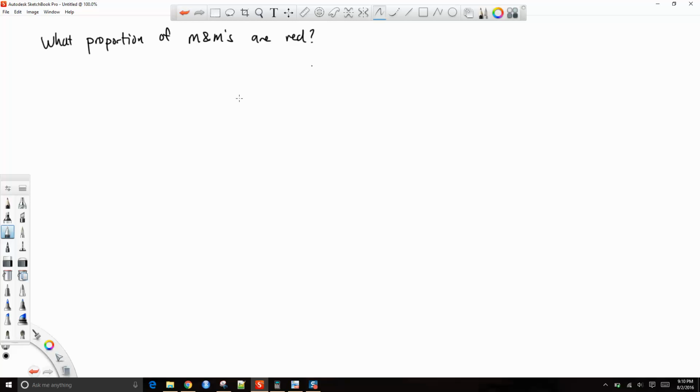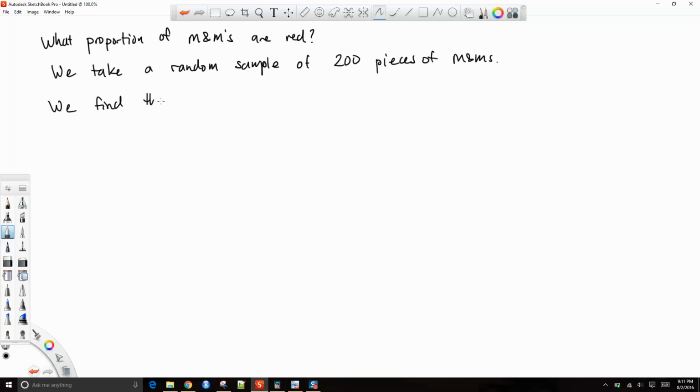So we take a random sample of 200 pieces of M&Ms. We find 36 are red.